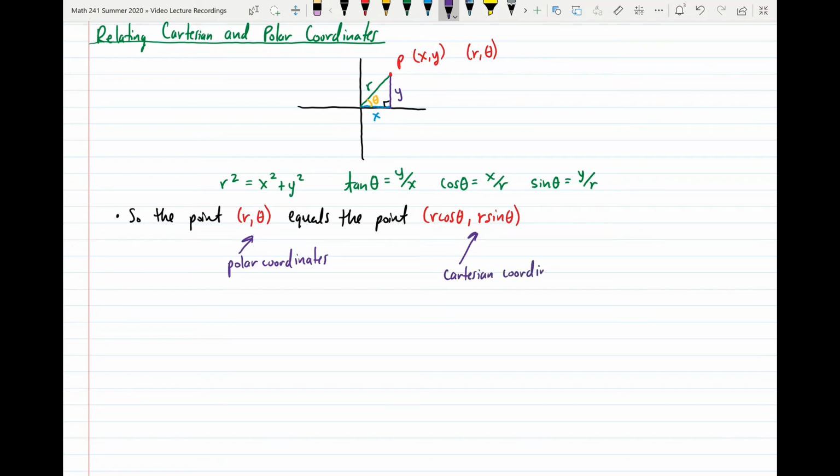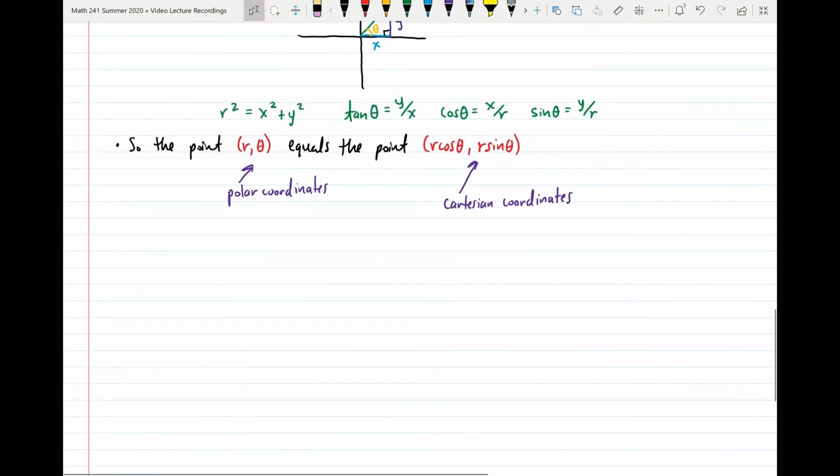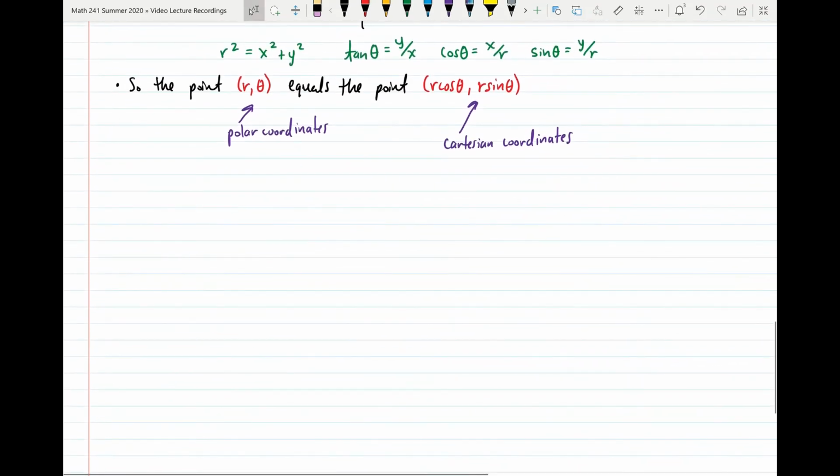So right away we have a way to relate Cartesian and polar coordinates. And now I will present the 4 equations that you can use to convert Cartesian equations to polar equations and polar equations to Cartesian equations.